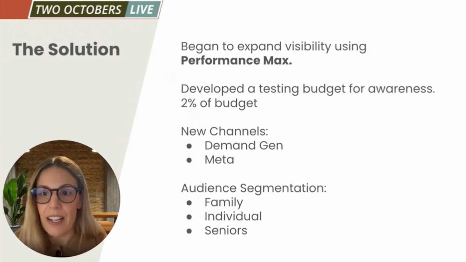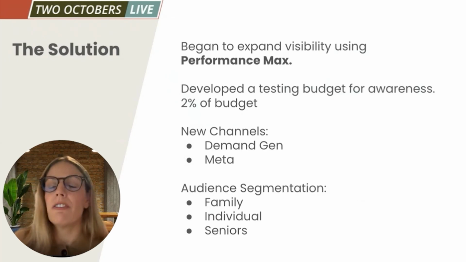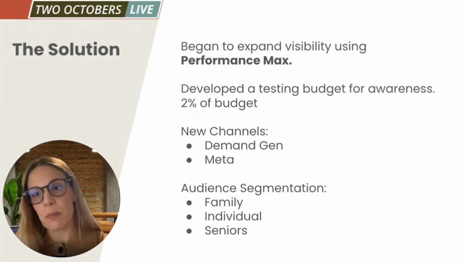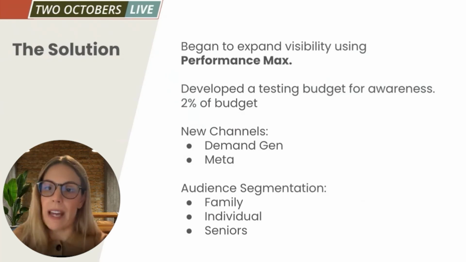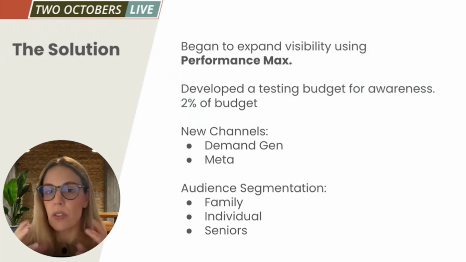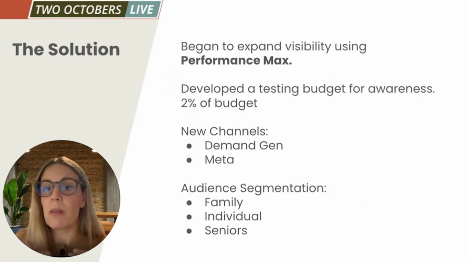Meta was another place where we took what we knew from how things had performed in Google search and applied that to Meta for a top funnel approach. We knew which messaging was working with different audiences. We wanted to capture those audiences in Meta with brand new messaging that they had probably not seen before.